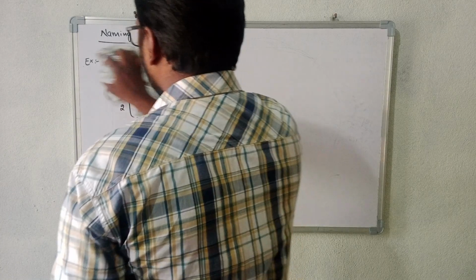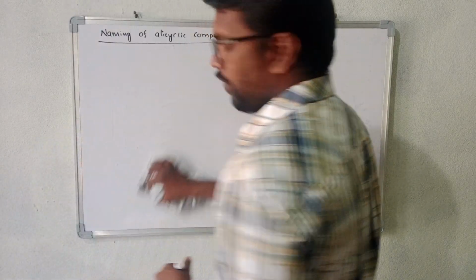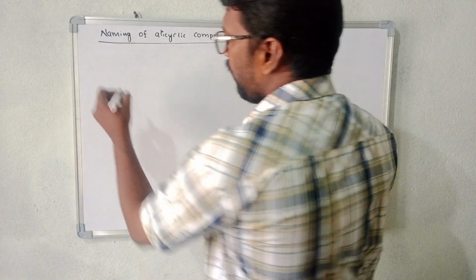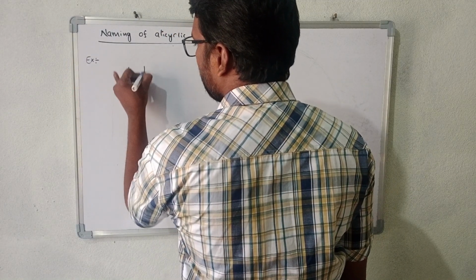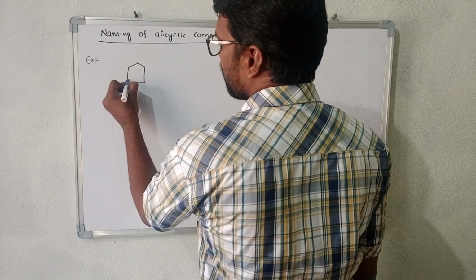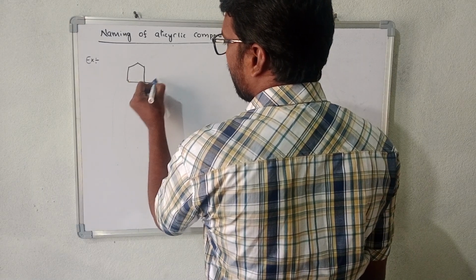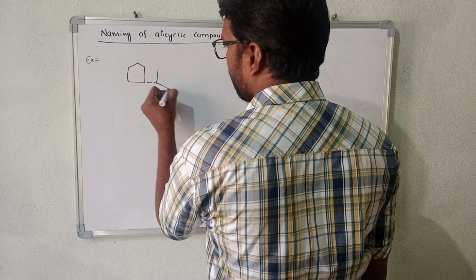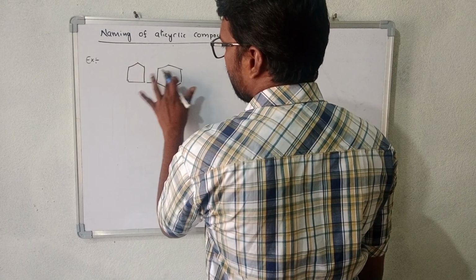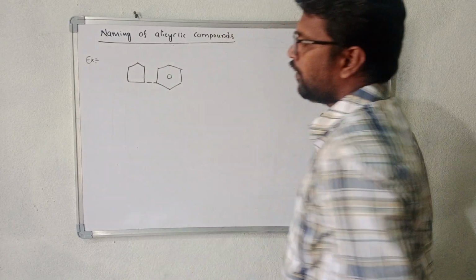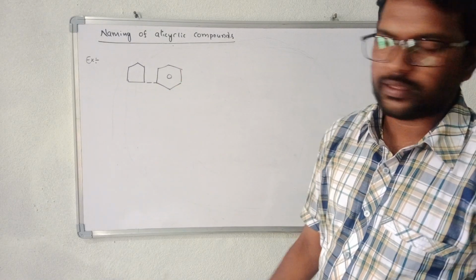Right. And now you take another example. In this example, a cyclic ring is attached to benzene. A 5 carbon cyclic ring we have to take, and it is attached to the benzene ring.